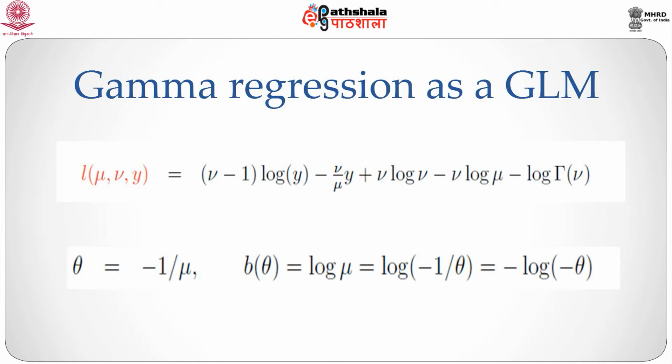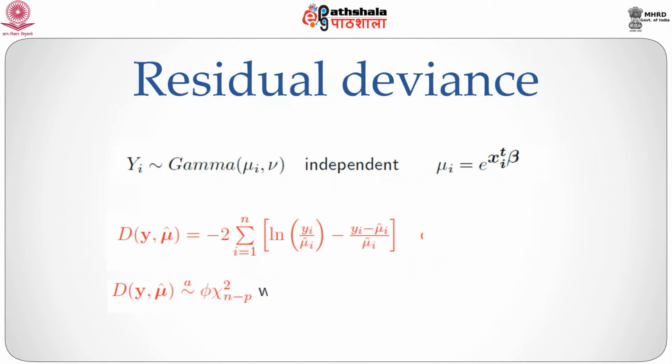The variance function is given by b double dash theta equal to 1 over theta squared, or mu squared, as required. We can define the form of the residual deviance for the gamma distribution, and this is given by D of y, mu hat is minus 2 summation i equals 1 to n of ln of yi by mu i hat minus yi minus mu i hat by mu i hat.